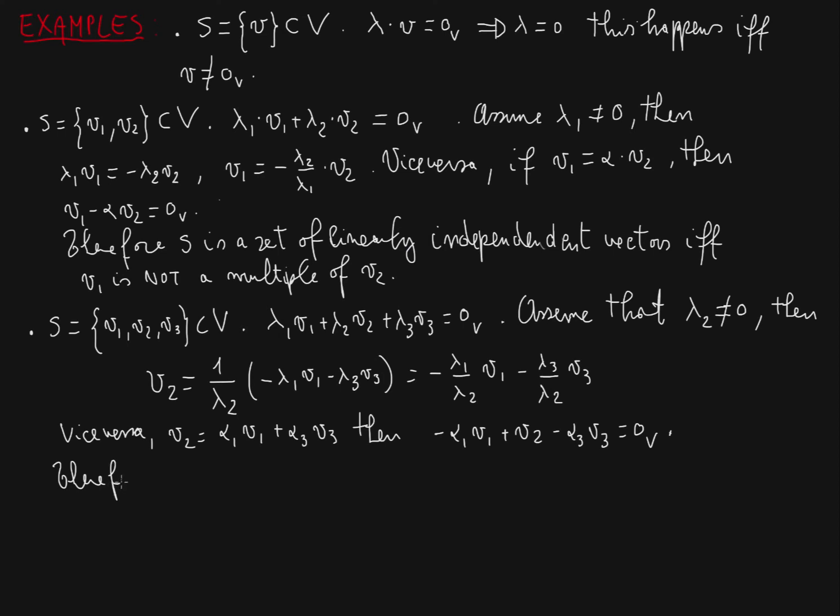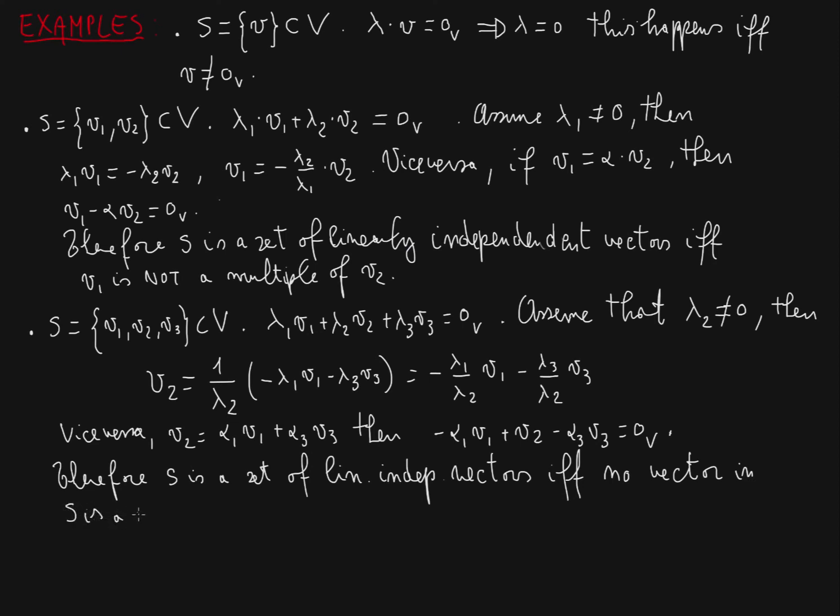Therefore, S is a set of linearly independent vectors if and only if no vector in S is a linear combination of the others.